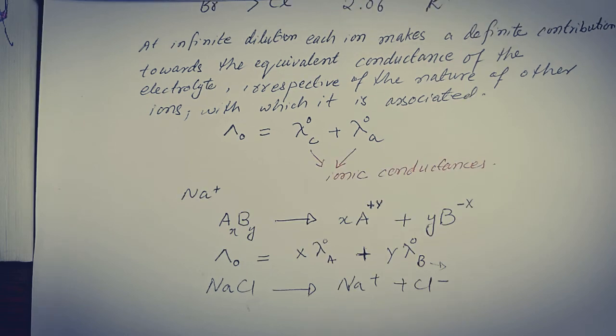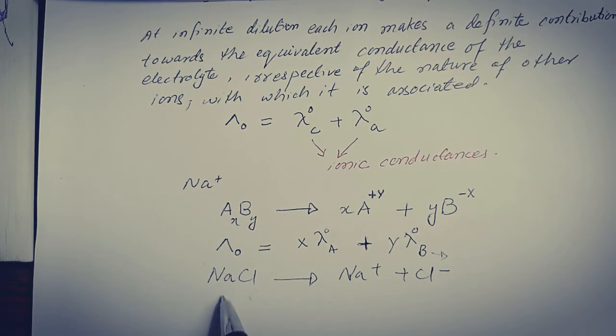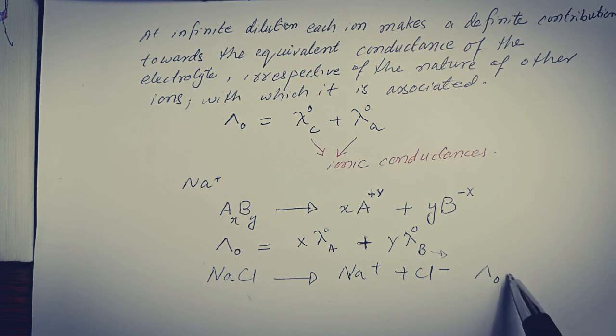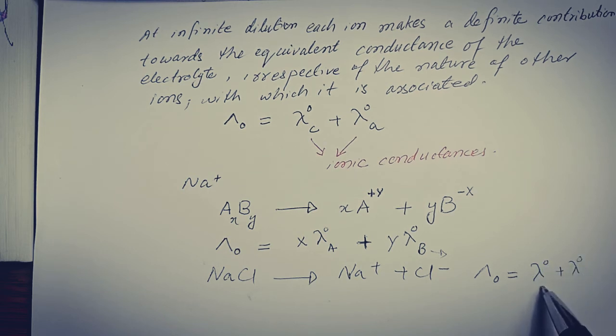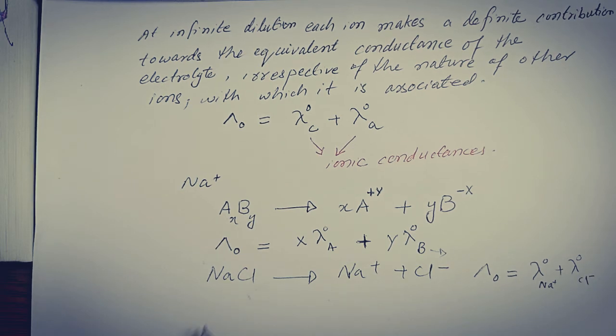For this case we can write the equivalent conductance as that's for sodium ion and chloride ion, whereas for the case of barium chloride we can write the equation, that is barium plus 2 chloride ions.